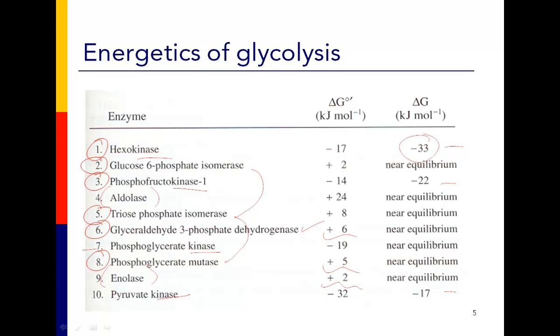So don't learn the numbers, but you should know which reactions are near equilibrium, and which ones are metabolically irreversible. You might want to know which reactions consume ATP and which ones produce ATP.